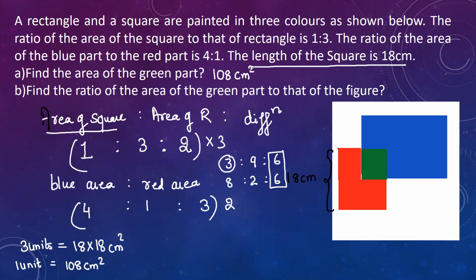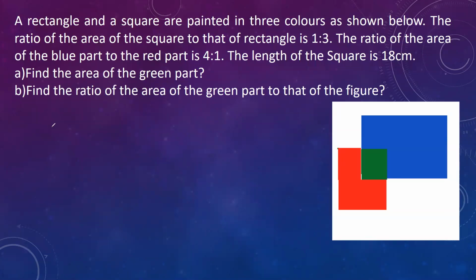Okay. So now we are going to find the ratio of the area of the green part to that of the whole figure. We find out that the green part is how much? 1. And the rest of the part is how much? We have to find blue plus green plus red. The blue part was 8, the green part was 1, and the red part was 2.